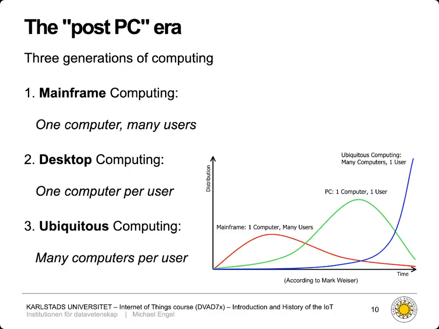Then, starting in the late 1970s, desktop computing came in. So prices have gone down. We have cheap microprocessors available. So this enabled us to have one computer per user. And phase number three, as you can see, is what we call ubiquitous computing now. So we can afford to have many computers per user, and most of these computers you actually never recognize as computers because there might be a computer in your set of headphones.